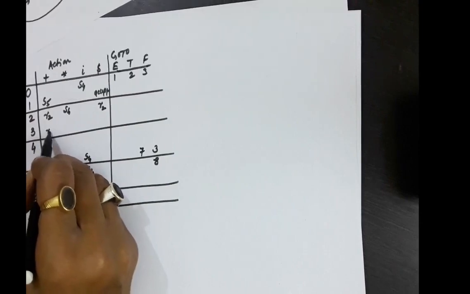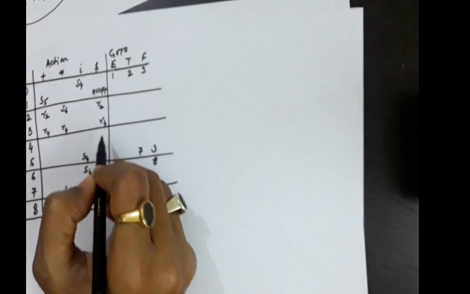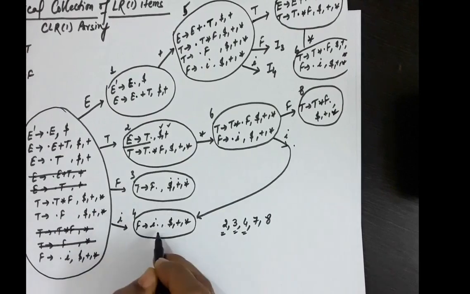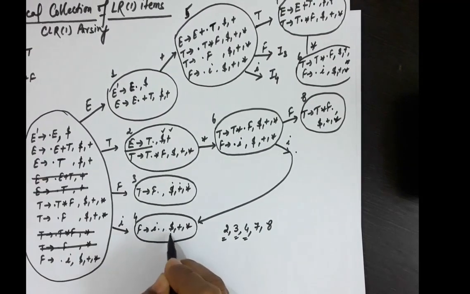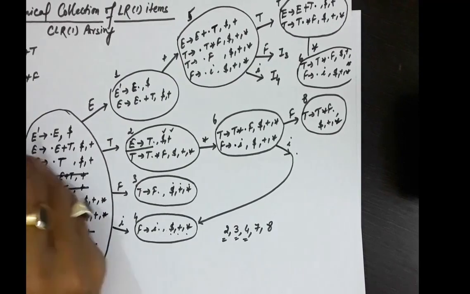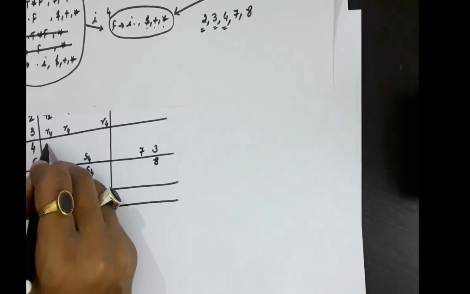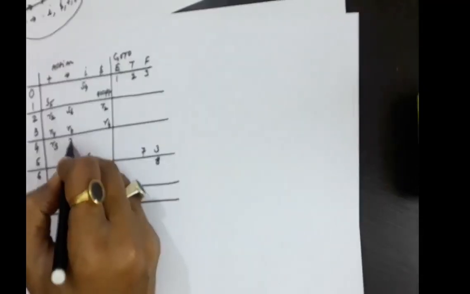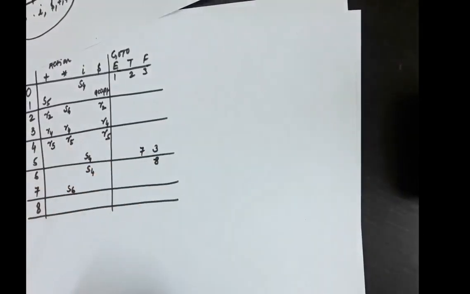Now next final item is in state number 4, which is the production number 5. So at the place of dollar, plus, and multiplication you will be writing R5. So state number 4, at the place plus R5, multiplication R5, and dollar R5.